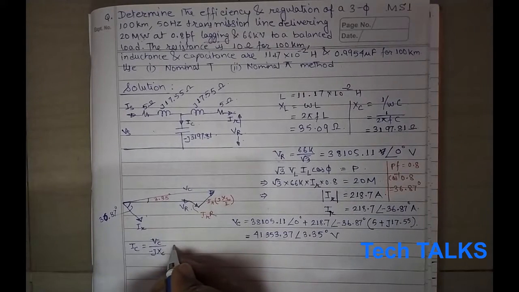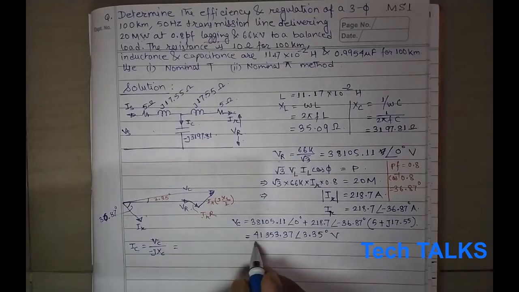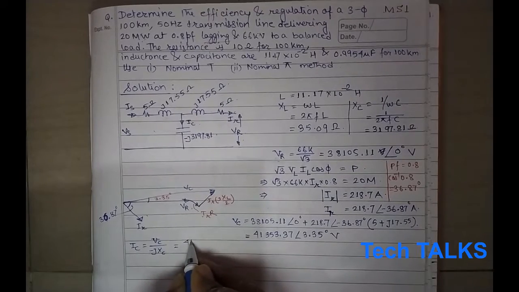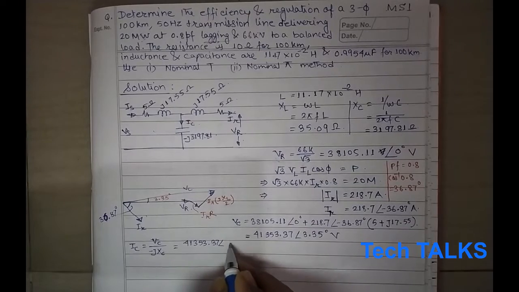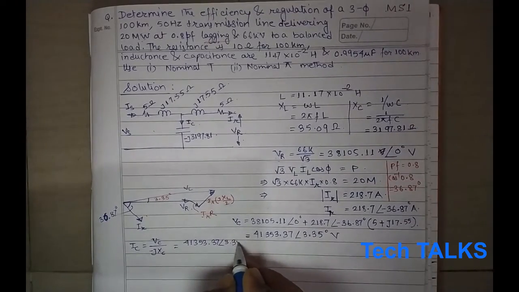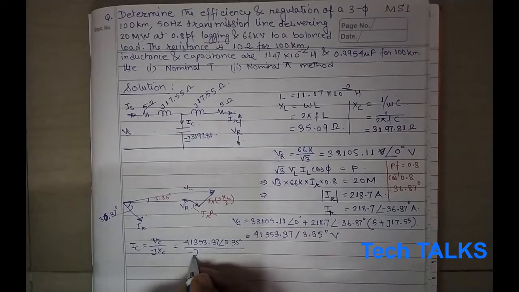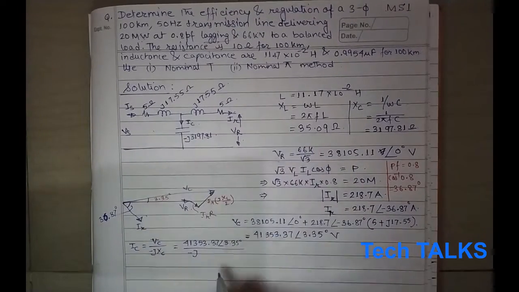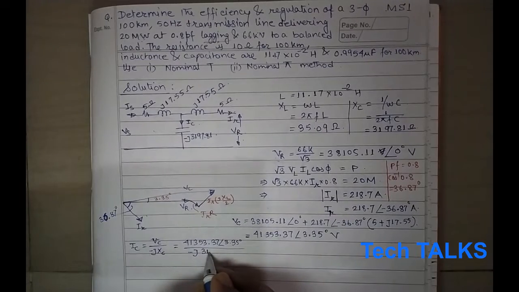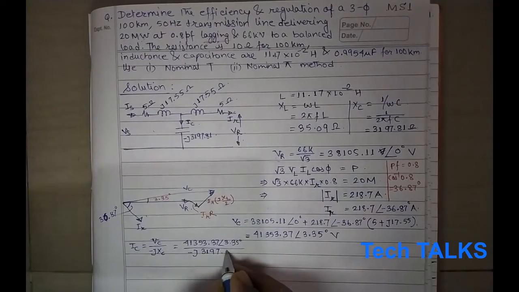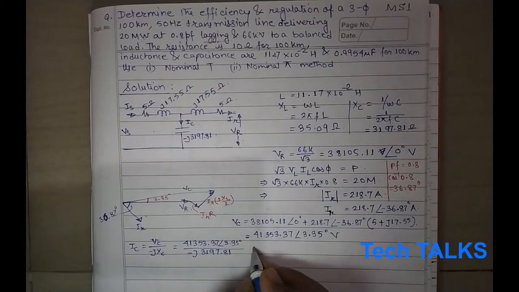VC is 41353.37 at an angle of 3.35 degree, divided by minus J into this value, that is 3197.81.